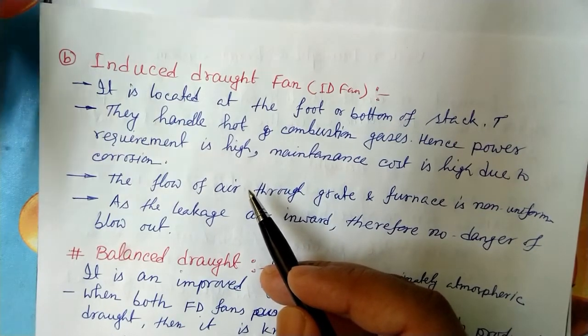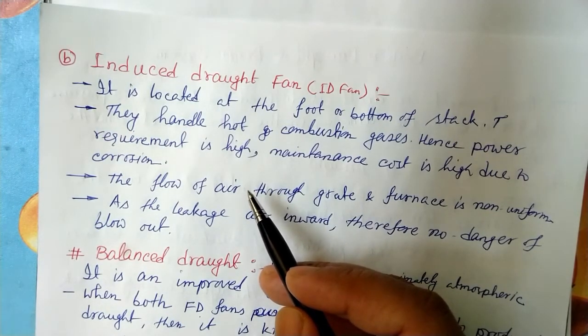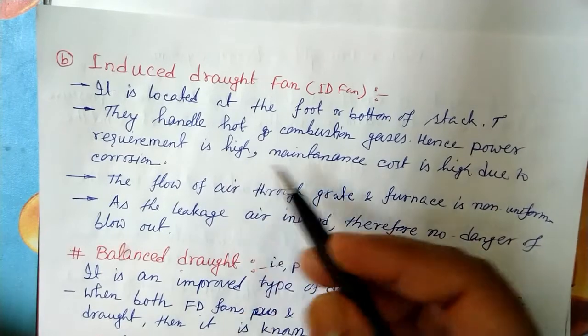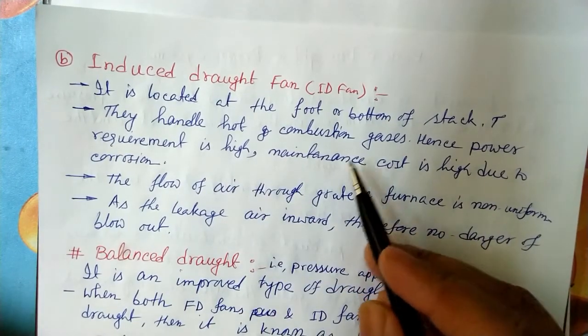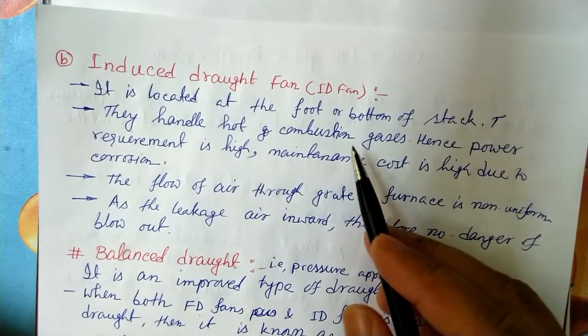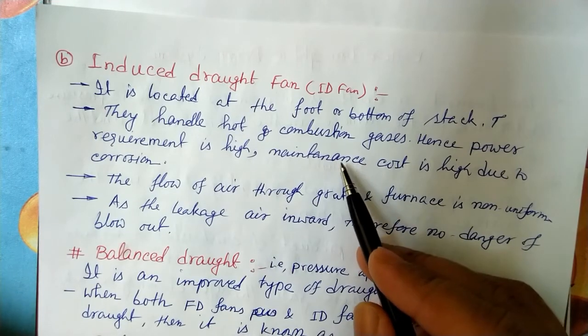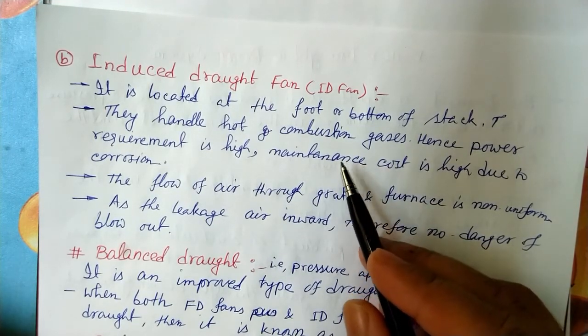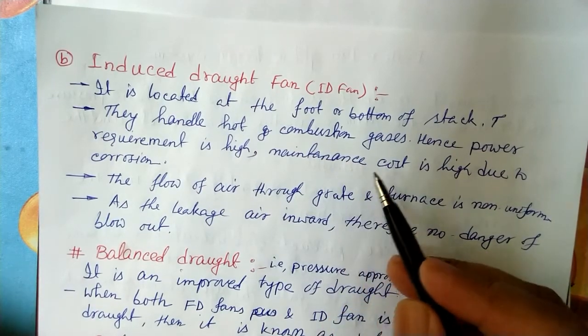As we know, work done or power is proportional to specific volume. Due to high temperature there is also oxidation or high temperature corrosion, so the maintenance cost is also high, and by default the capital cost is also high.